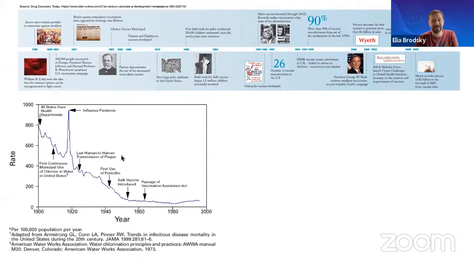The use of penicillin, if you think of penicillin as something that was discovered long ago, you can see that actually that was in the 1940s, so not that long ago, and the first vaccine was introduced in the 1950s. So all of this is recent history. This is the history that many of us have seen our parents or grandparents go through. We know that these things have happened very recently, and a lot of the developments that we are using today are based on these kinds of interventions.